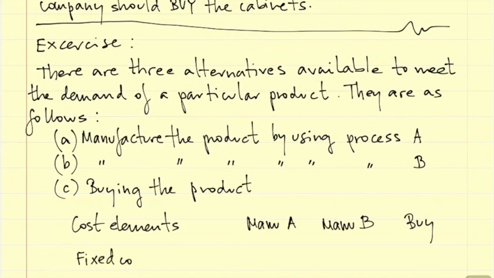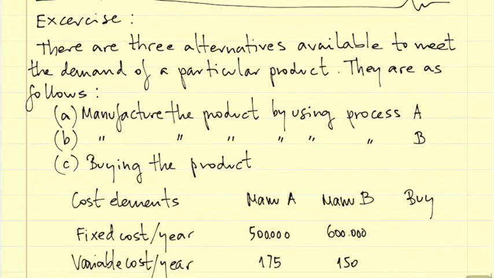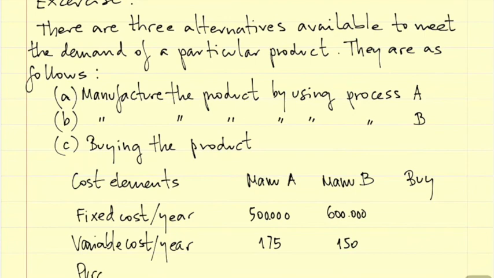Fixed cost per year: 500,000, 600,000. Variable cost per unit: 175, 150, and purchase price per unit, 125.